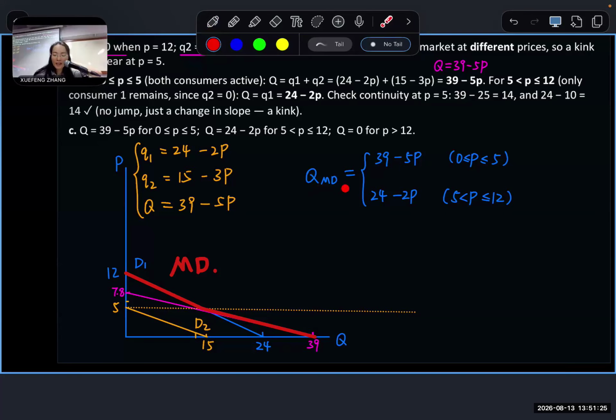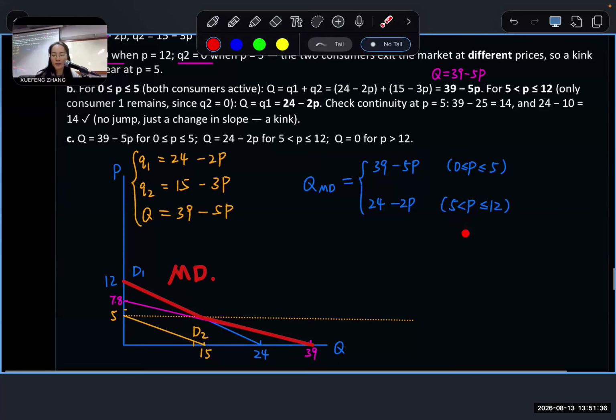Market demand: if the price is between 0 and 5, both of them will buy, which is 39 minus 5p, you sum it up. But if price is between 5 and 12, only consumer 1 will buy, which is 24 minus 2p.